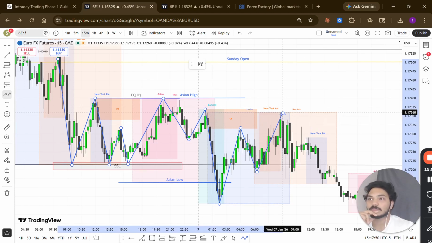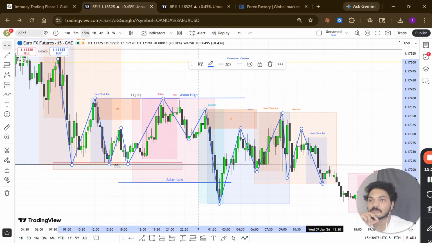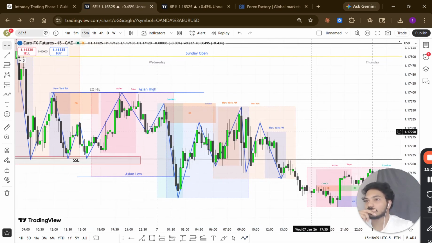So this is a lower high again, and next candle, this is a lower low, lower high, and it went on to make the lower low. Right, that's all about the Jan 7th.